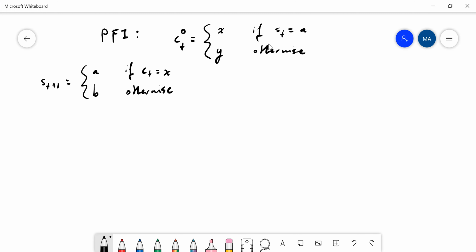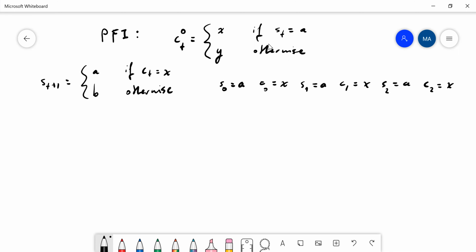According to this policy function, suppose that S0 is equal to A. Then C0 will be X. If C0 is equal to X, S1 will be equal to A, then C1 will be again X, and that goes on. So there's no change in the state under this policy function, and no change in control.